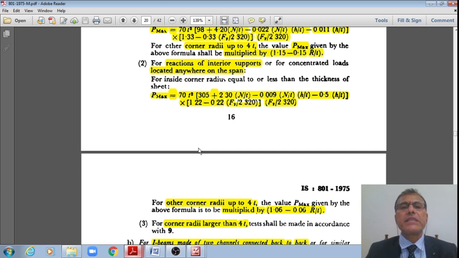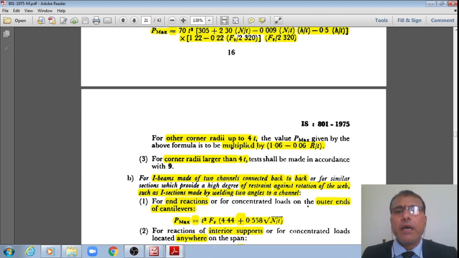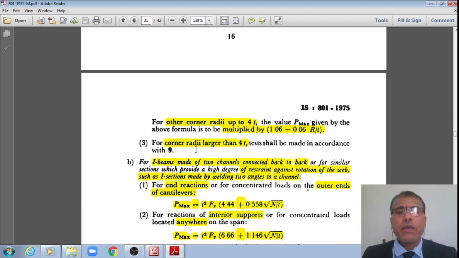That is how the maximum load for reactions of interior supports is obtained. For other corner radii up to 40, the value of P maximum given by the above formula is to be multiplied by a factor 1.06 minus 0.06 r by t, right? And also for corner radii larger than 40, tests shall be made in accordance with provision 9 of this code, right?